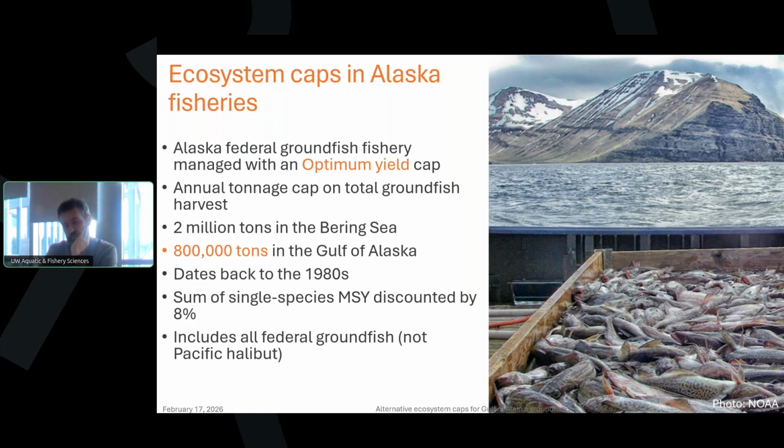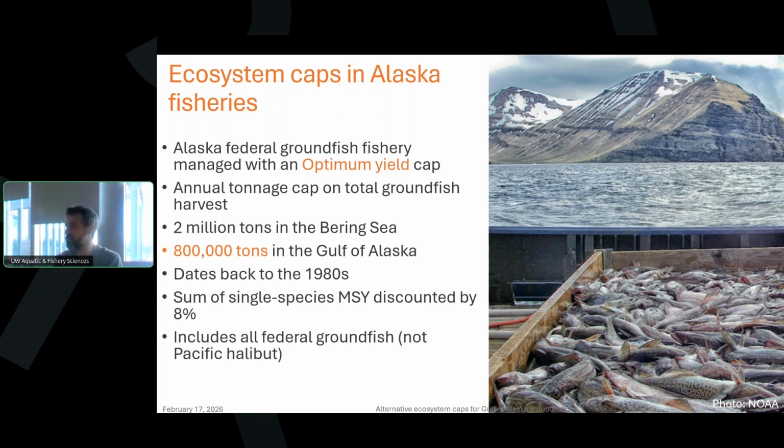But today I'll be talking about the upper limit of the range, which is what seems to come into place for the most part. It's an annual tonnage cap on total groundfish harvest. There's two values in Alaska: 2 million tons in the Bering Sea and 800,000 tons in the Gulf of Alaska. And that's what I'll focus on today for the most part.